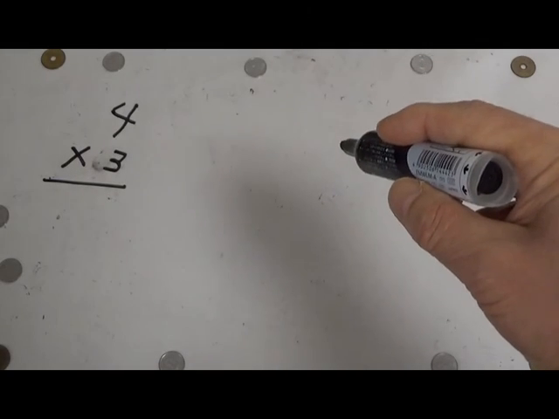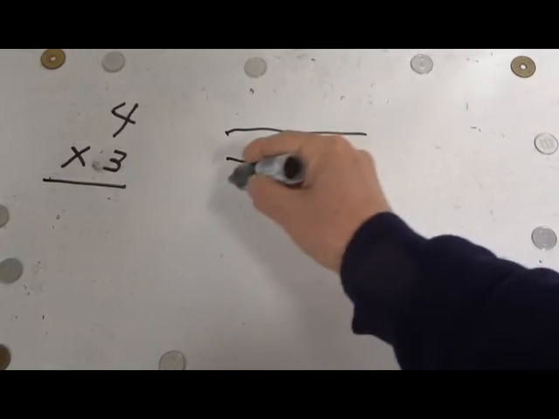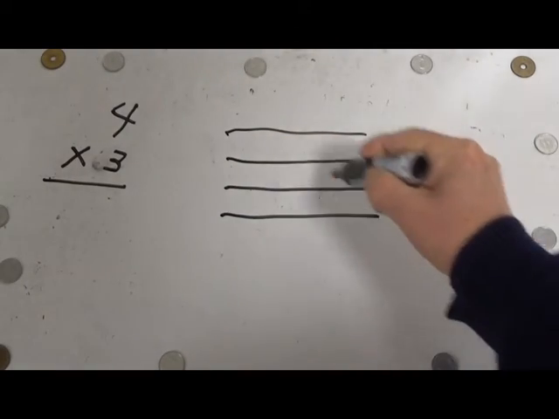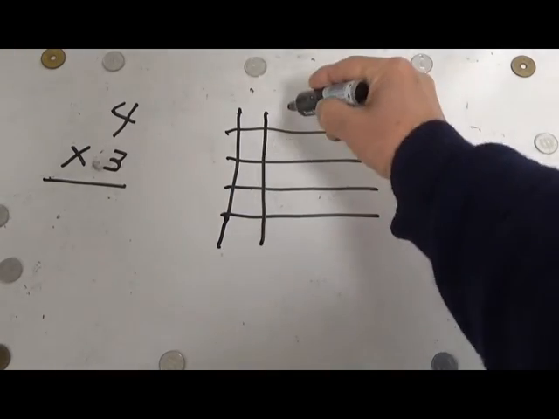Then I will show you simple multiplication, 4 multiplied by 3. That is 1, 2, 3, 4, and 1, 2, 3.